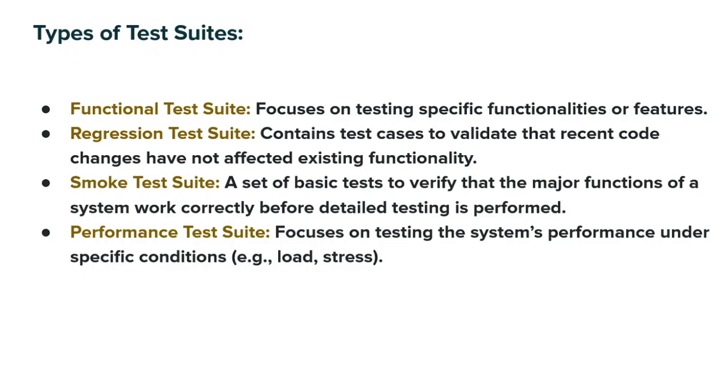So all the regression test cases you can maintain in one suite. You can also create a smoke test suite for basic testing to verify that a new major function of a system is working correctly before detailed testing is performed. You can also create a performance test suite, etc. So depending on your requirements, you can create different types of test suites.